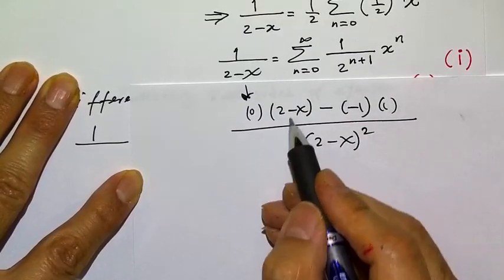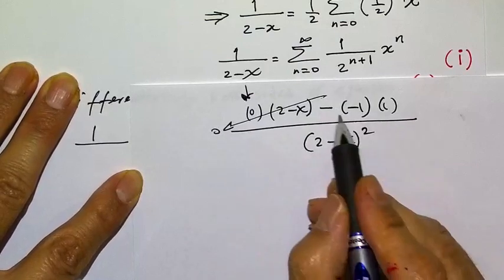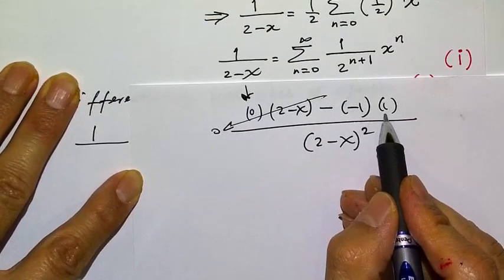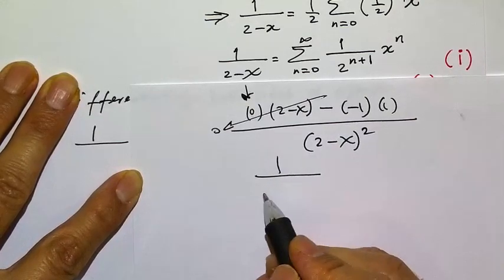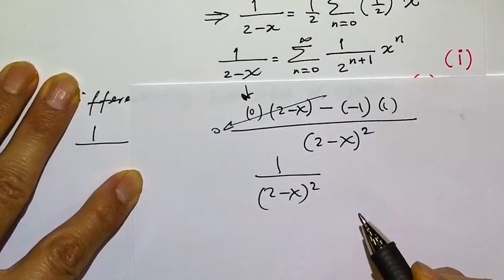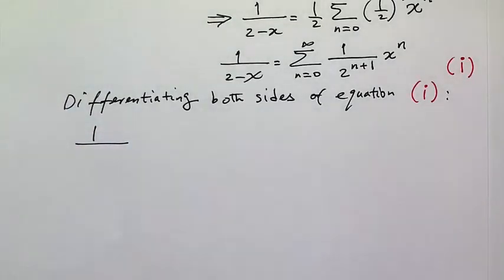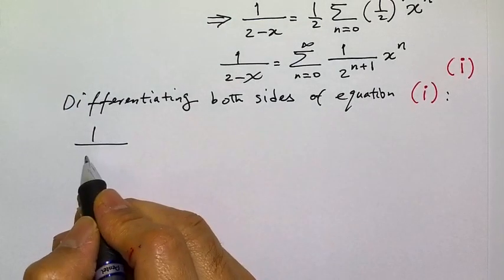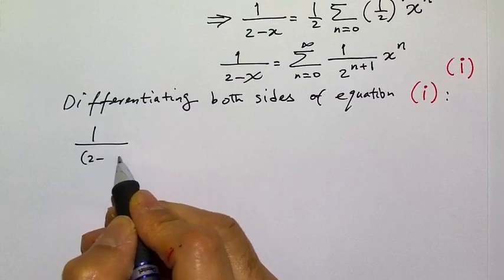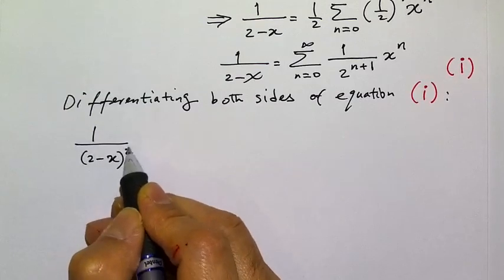So this drops out as 0. This will be minus 1, which is 1. So we end up with 1 over 2 minus x squared. Okay, so we will have that.